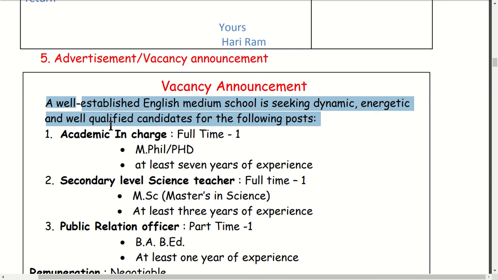A well established English medium school. You can write the name too, or you can leave it out. A well established English medium school is seeking dynamic, energetic, and well qualified candidates for the following posts.